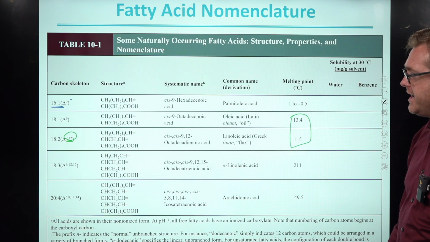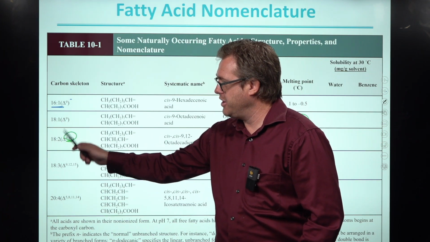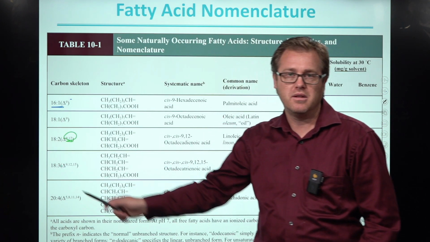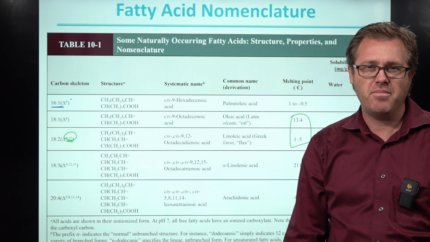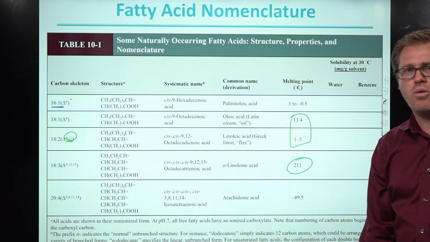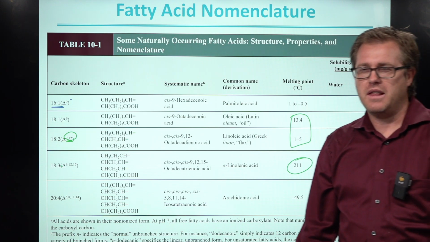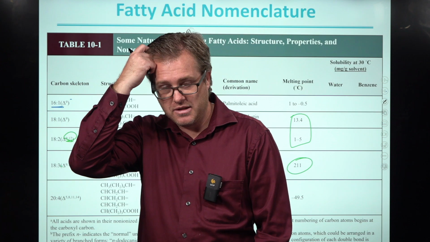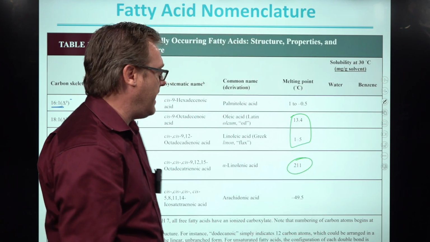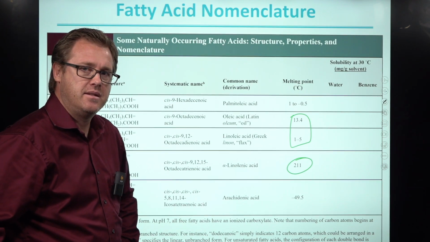Now, what do you think is going to happen when you go from 18 with 1 double bond, to 18 with 2 double bonds, to 18 with 3 double bonds? What do you anticipate is going to happen? The temperature goes up to 211 degrees? That should make you do a head scratch. And that's exactly what I did. I'm like, wait. That doesn't make any sense.